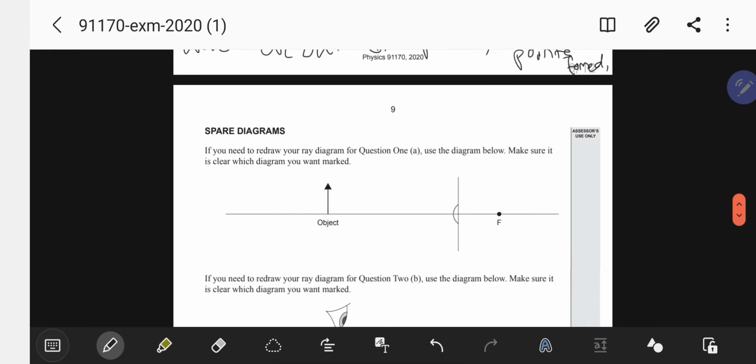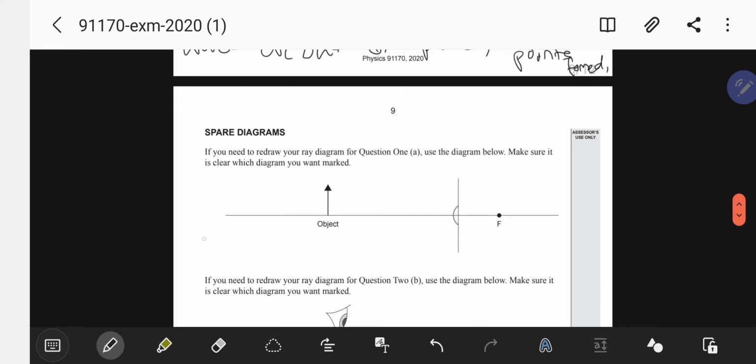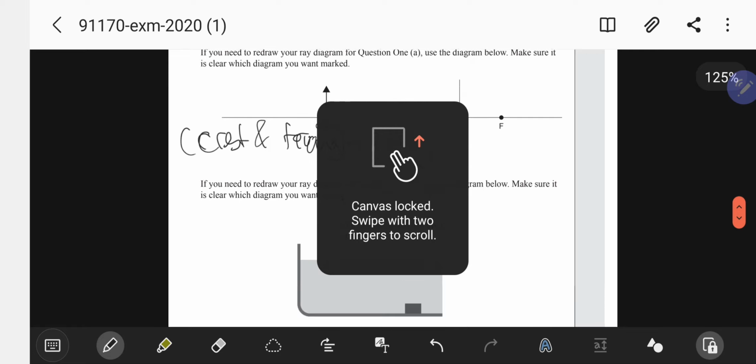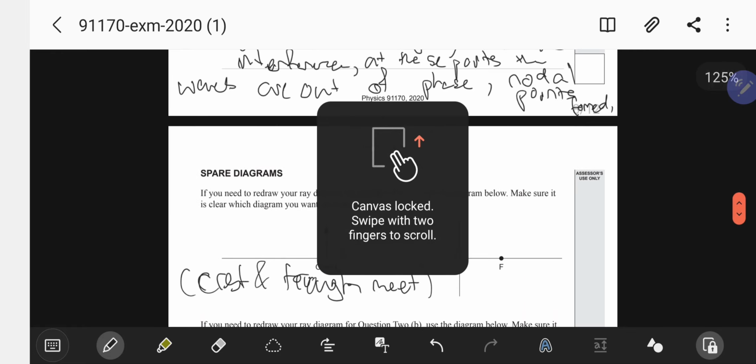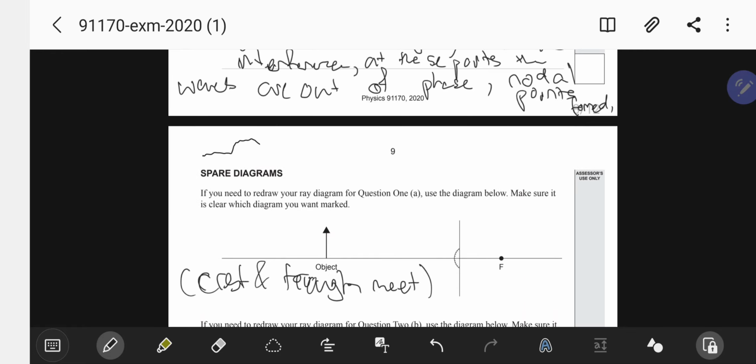I'm not too sure if we can write this, but this is where crest and trough meet. Because where crest and trough meet, they'll add and cancel out to produce a straight line.